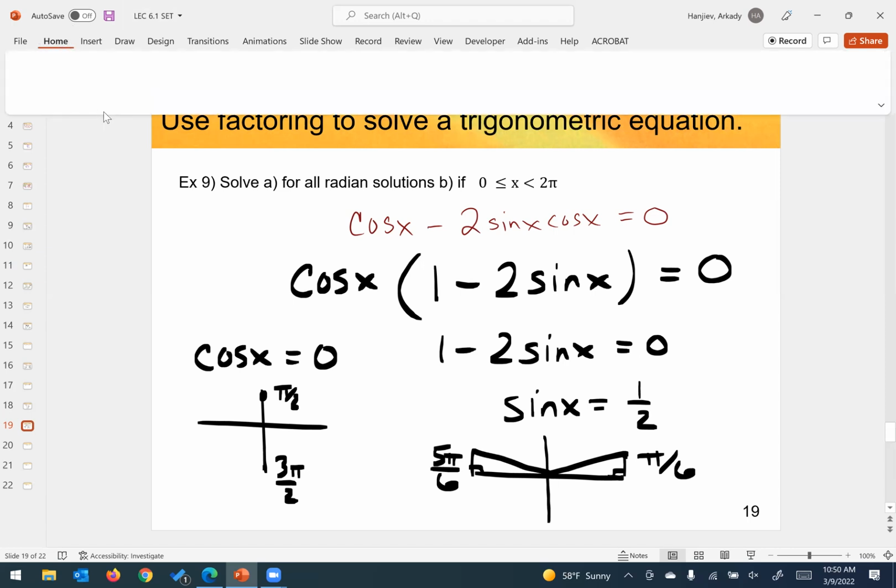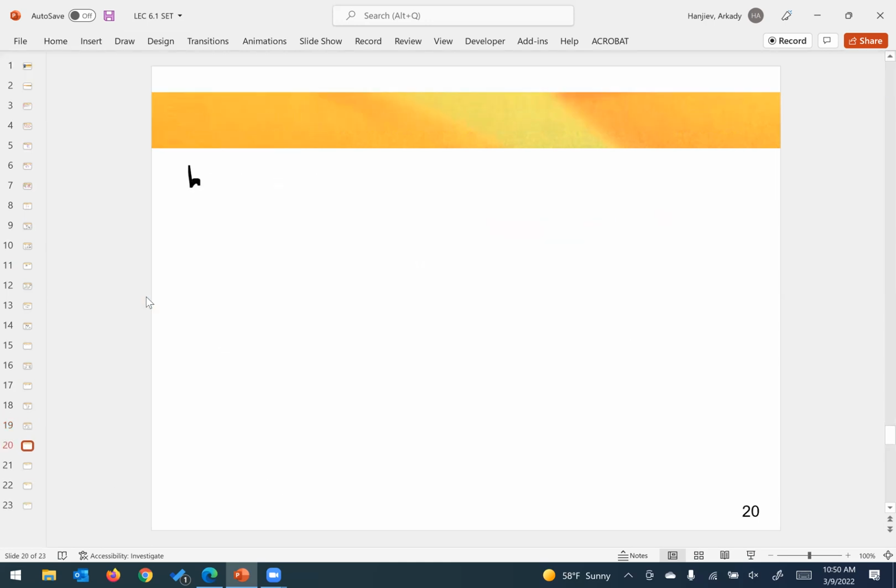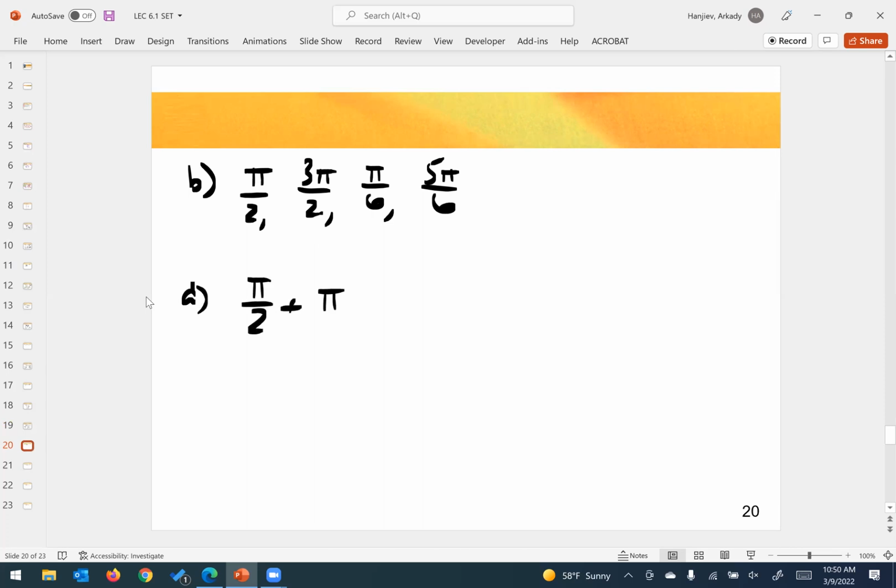Plus pi k, k is an integer. For A, it's going to give me this plus pi k. Are we good there? Because it's a half circle variation. These are going to be a full circle variation.